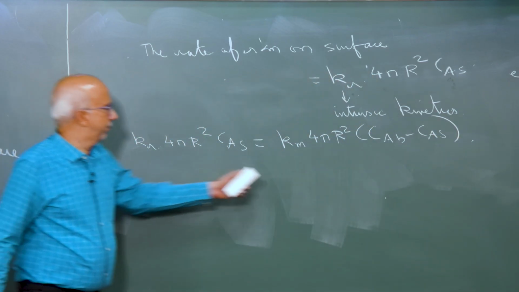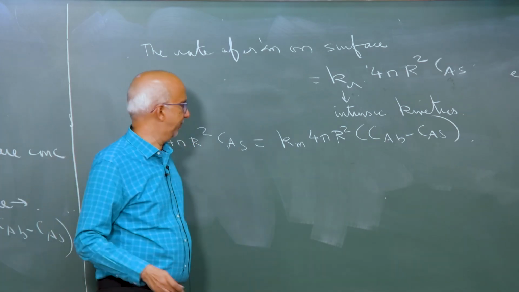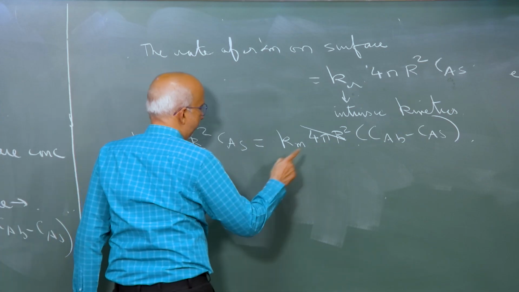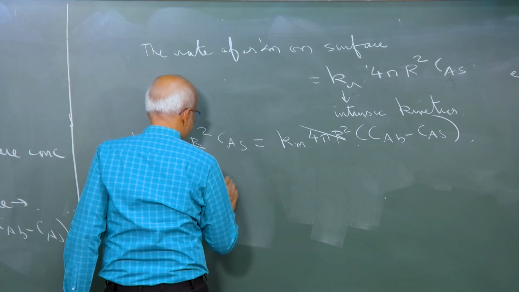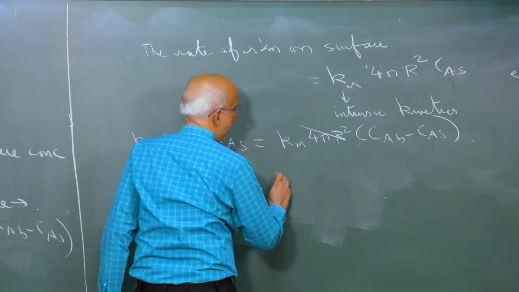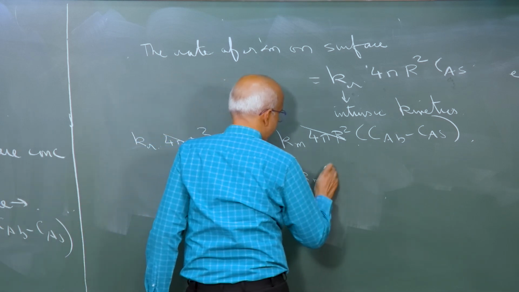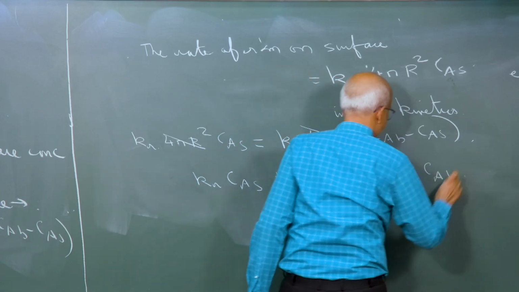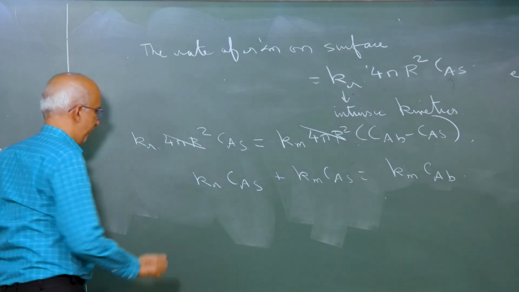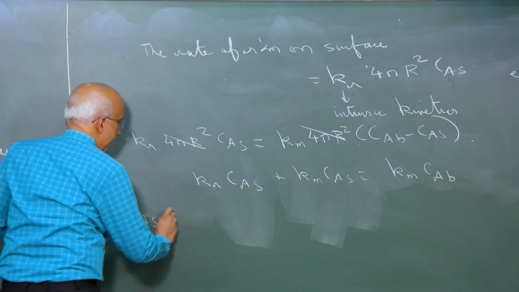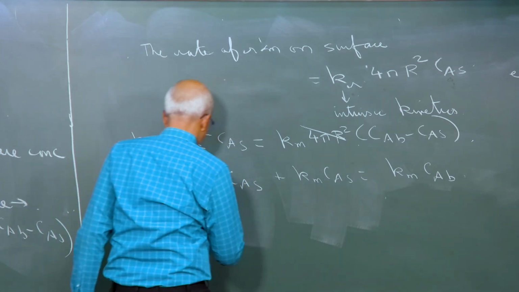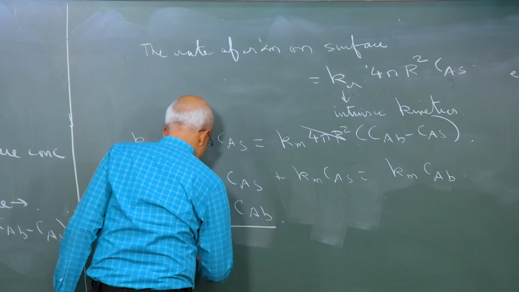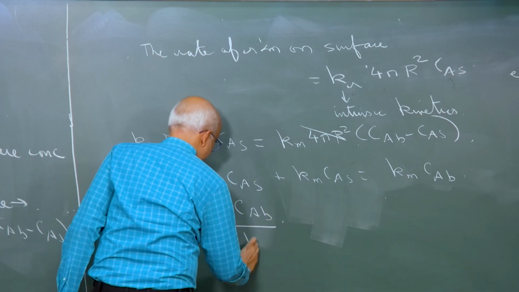Rate of reaction must be equal to the rate at which species is coming in. So, of course, 4 pi r squared is common, and you can do some manipulation. You can write this as Kr CAS plus Km CAS equals Km CAB. Okay. So, CAS is nothing but Km CAB divided by Kr plus Km.